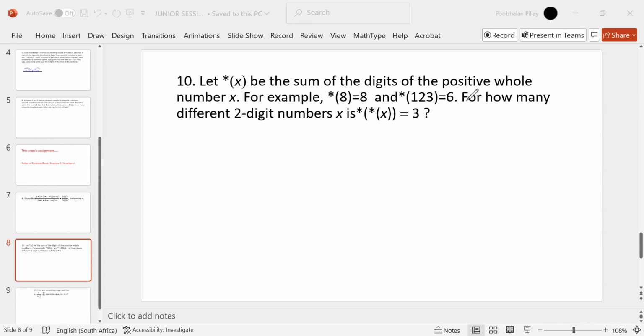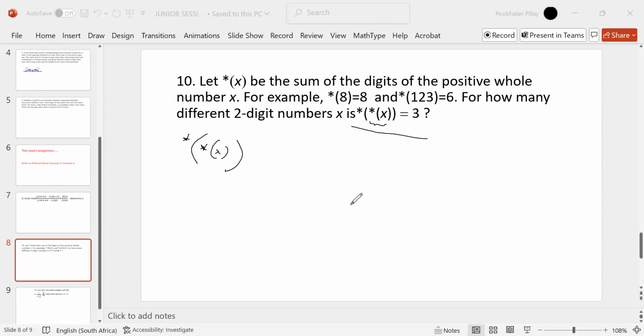Now they say, for how many 2-digit numbers x? Now here you got a funny thing here. You got star of x. That's this part here. And then you take the bracket of that, and you got the star of that. So it's the star of the star of x.